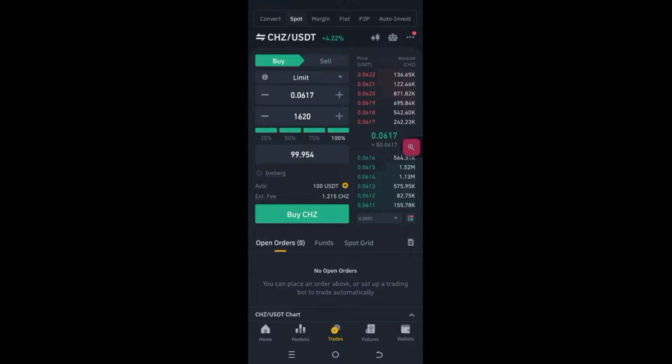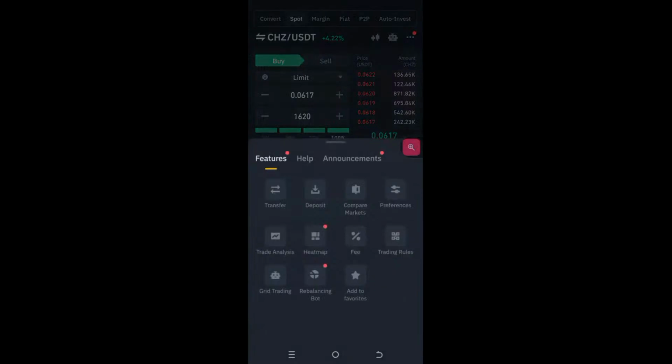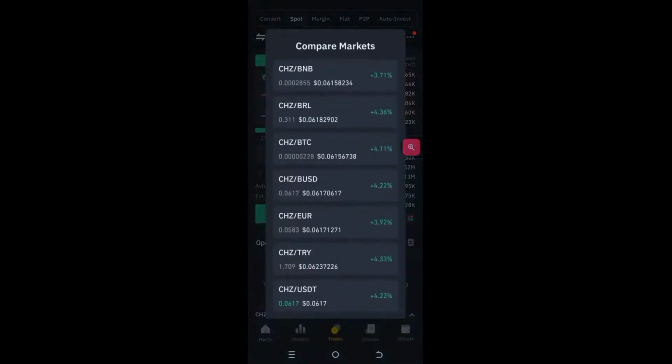Now, the same thing applies. Whatever coin you're looking at, always look at the compare markets. I'm using this to let you know that when you're asking which market you should trade on, you have to look at these differentials. Then you begin to see, when you do your simulations, whether there will be money.